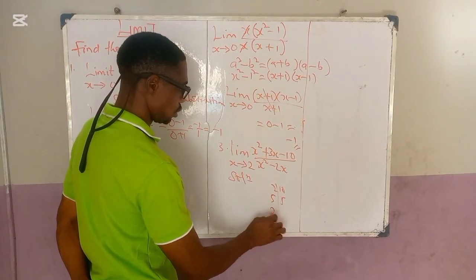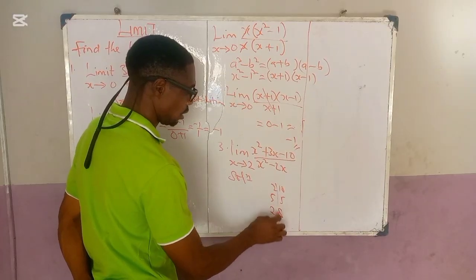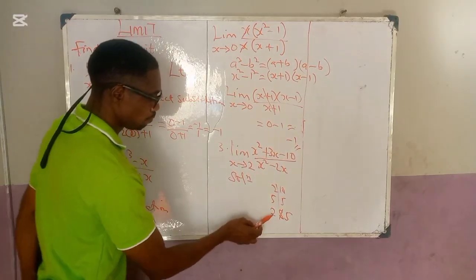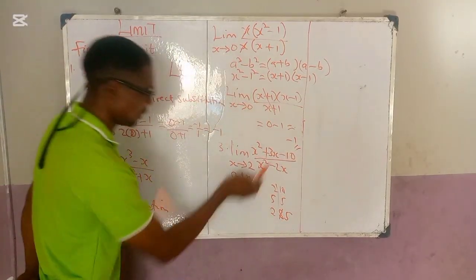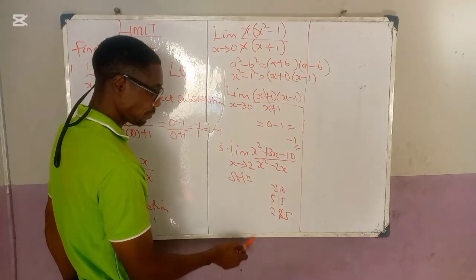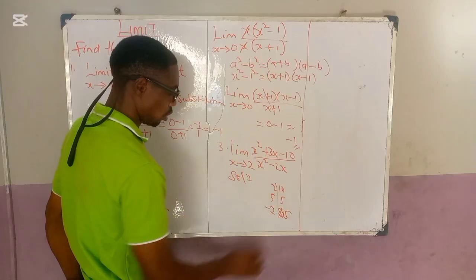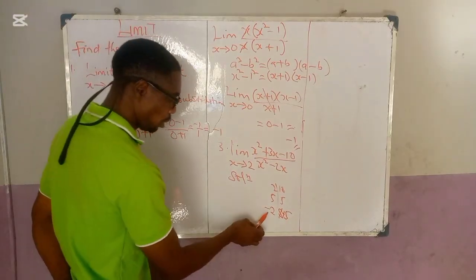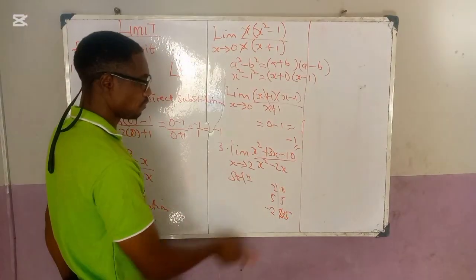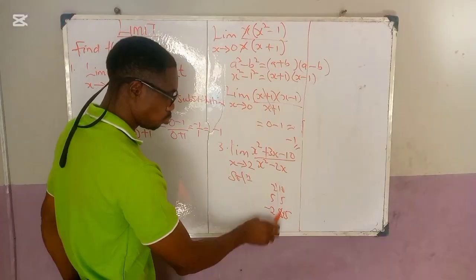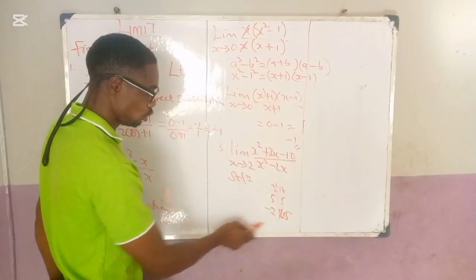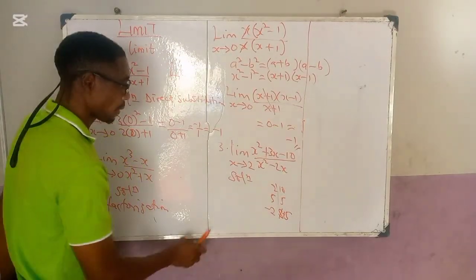The two factors are 2 and 5, 2 times 5 is 10. Let me assign the signs. If I have minus 2 plus 5, minus 2 times plus 5 will give me minus 10, then minus 2 plus 5 will give me plus 3. So with these two factors, I'm good to go.